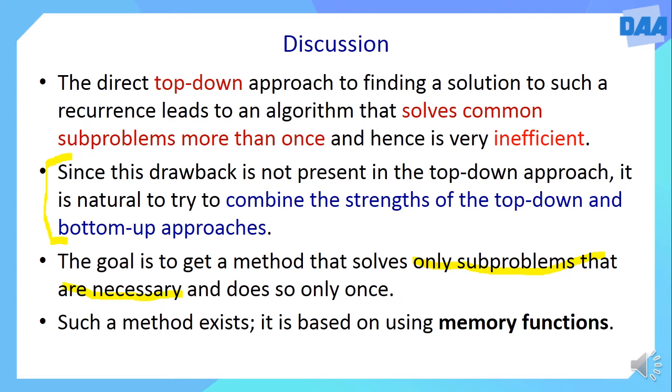So here only the subproblems that are required are solved, and only once. The advantages of both approaches are used, and such a method exists. That algorithm is implemented by using memory functions. So let us understand how that method works.